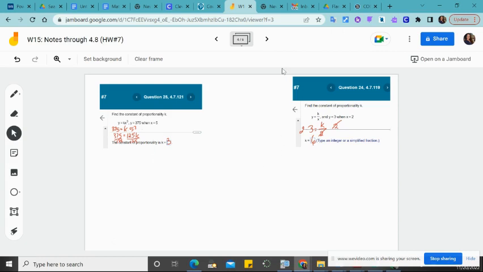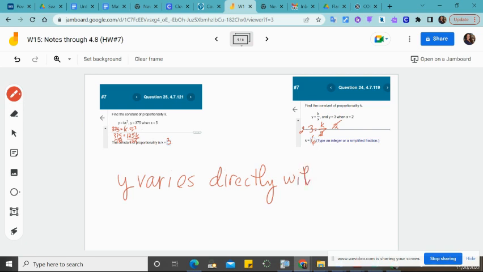All right, that's the general idea with those. A while ago we talked about directly. If y varies directly with x, you're going to set it up with y equals k times x.